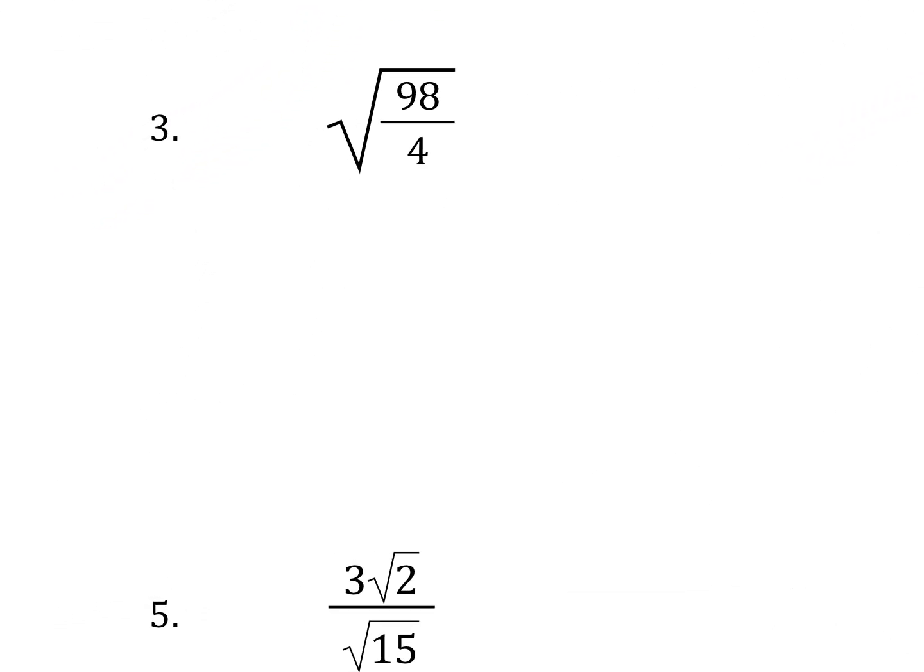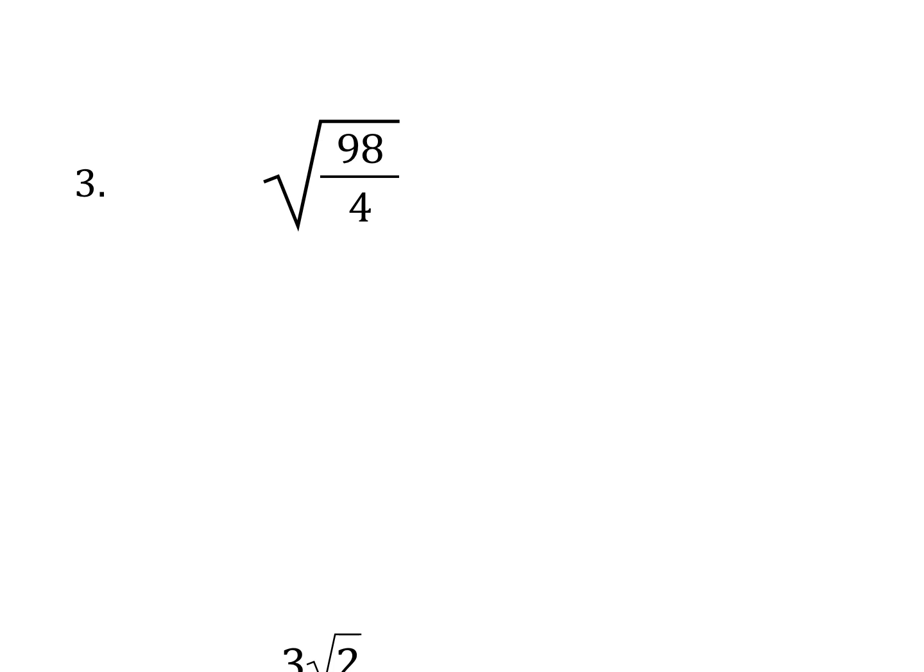All right, the square root of 98 divided by the square root of 4. Plug that in your calculator. What do you get? It's not as simple, is it? So here's what you do.